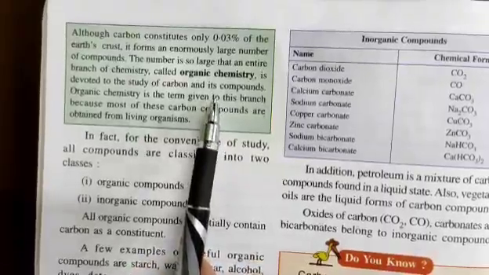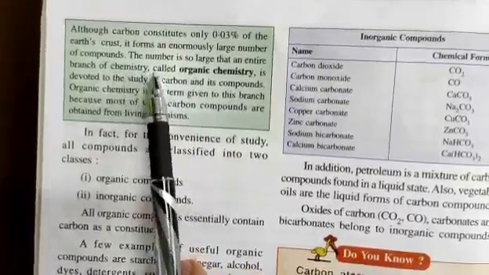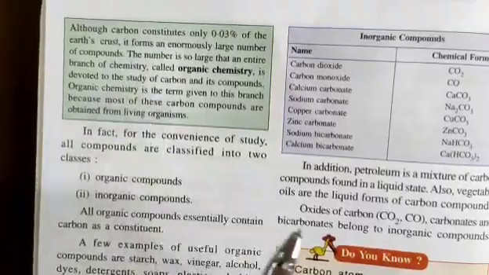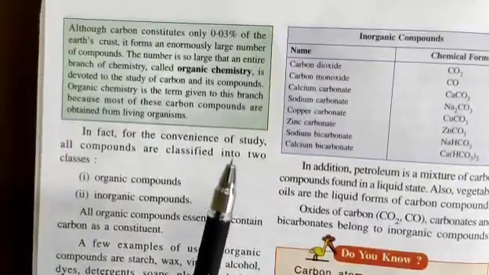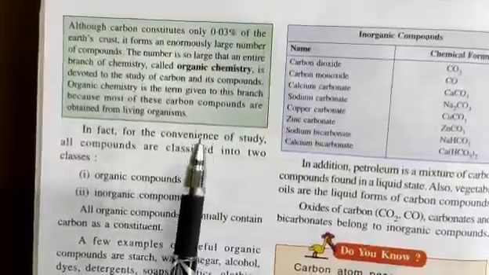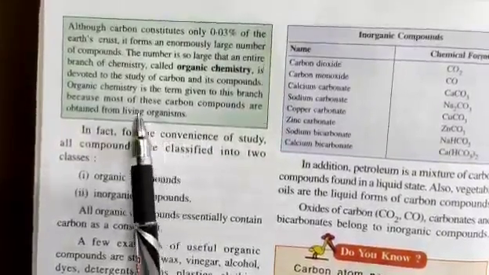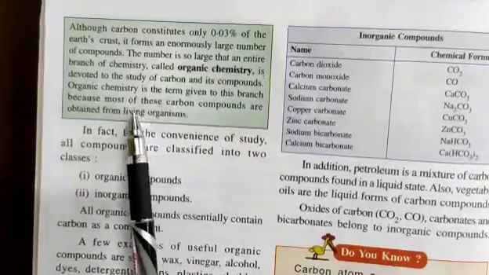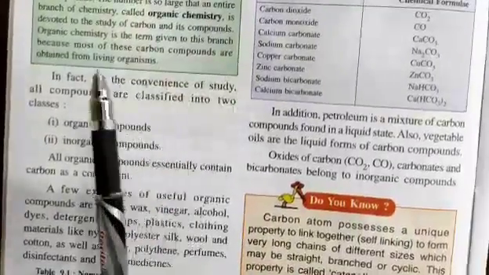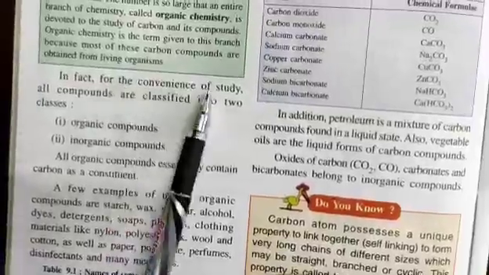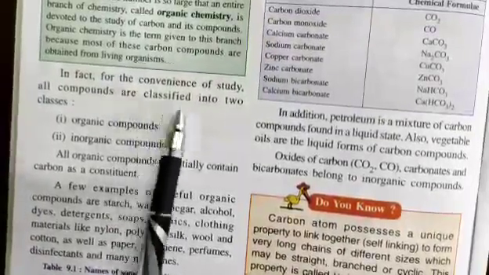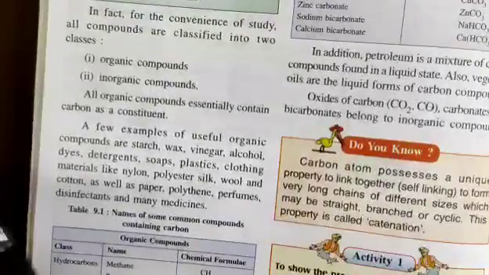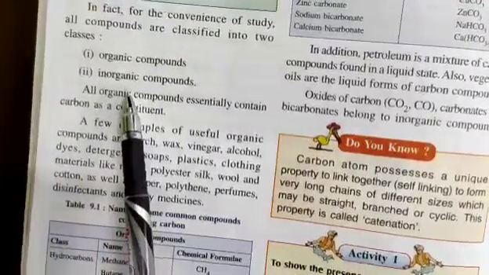Due to this, there is an entire branch of chemistry called organic chemistry, in which you study carbon and its compounds. It is called organic chemistry because most carbon compounds are obtained from living organisms. For convenience of study, all compounds are classified into two: organic compounds and inorganic compounds.